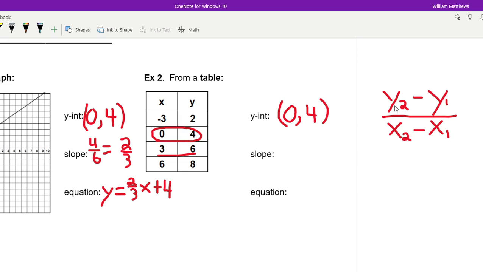So we filled in our information. Our y2 value was 6 from the second point, minus our y1, which comes from 0, 4, being the 4. And we do the same thing with our x values. X from our second point, which is 3.